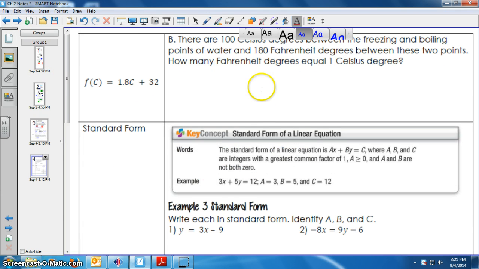Next example, we go in the other direction. How many degrees Fahrenheit is equal to 1 degree Celsius?